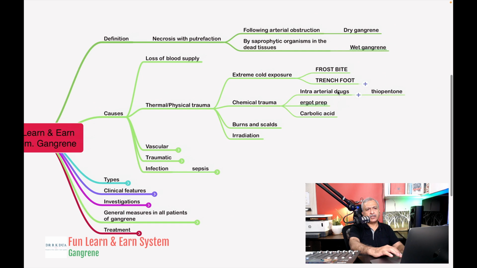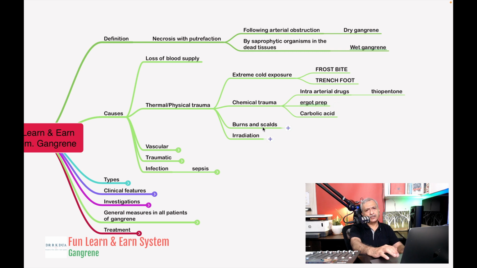This includes intra-arterial drugs like thiopentone, which generally happens by accidental injection, and it also causes vasospasm. Ergot preparations also cause vasospasm. Carbolic acid causes direct destruction of the tissue where it is applied on the body surface.